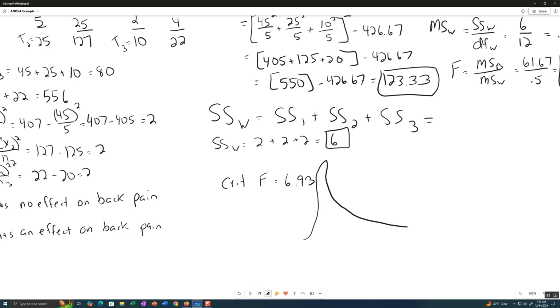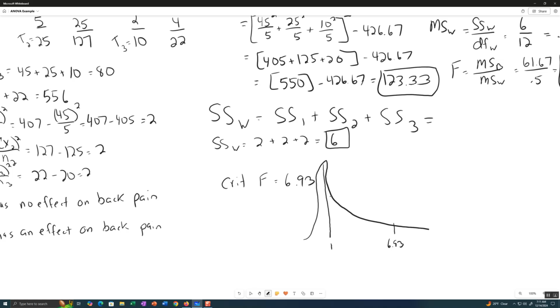So now, if I wanted to, for no reason whatsoever, I draw the F distribution. Remember, it's a positively skewed distribution. This is 1. That's the mode, right? 1. So when the null is true, F is going to be around 1. Our crit F is here at like 6.93.